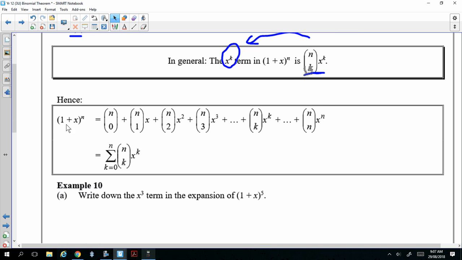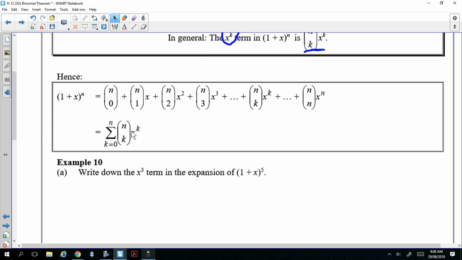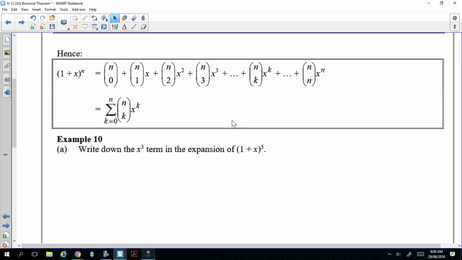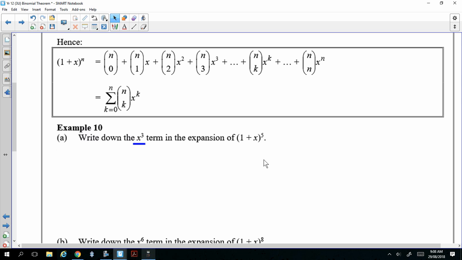When we expand this, the first term is n0, n1x, n2x squared, etc., which can be condensed using the sigma notation. So let's work out this expression. I want to find out what x cubed term in this expansion. So what you do is this. You can work out the x cubed term must be 5, 3, isn't it?